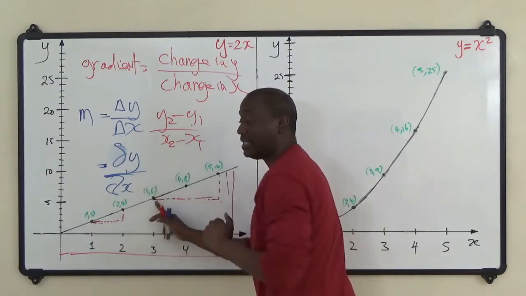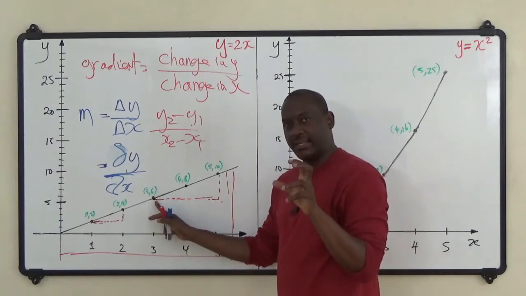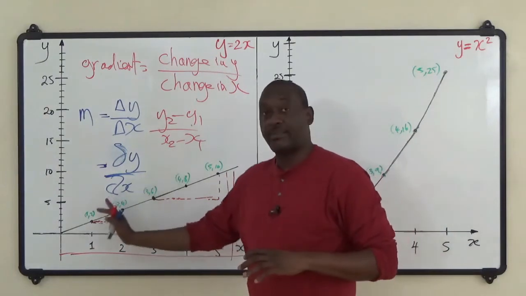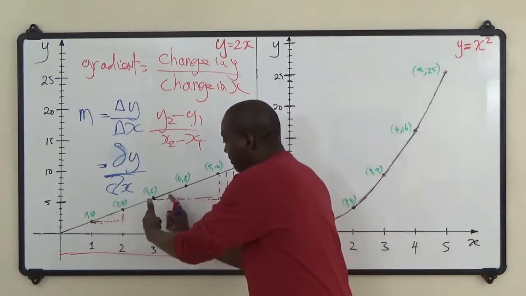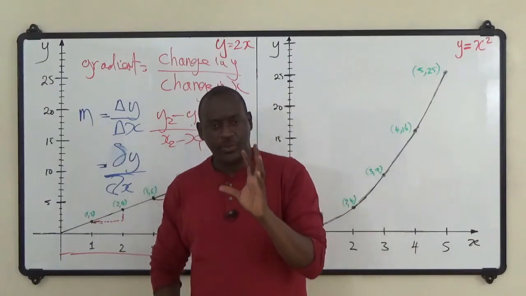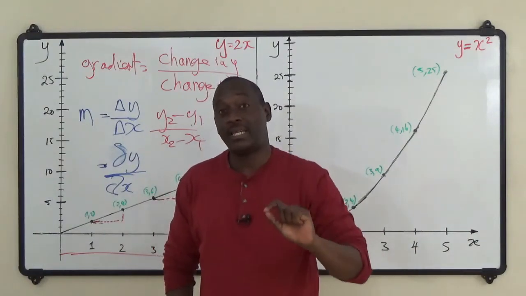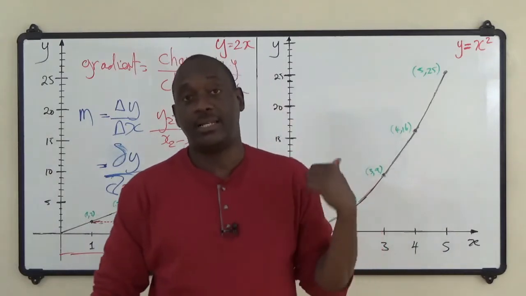The gradient at that point is also a concept, also an idea. So you have the gradient of a line segment in general. And as you make the line segment progressively smaller, you get to what we refer to as the limiting case. Know the vocabulary. That is also important. We will deal with that a little later.